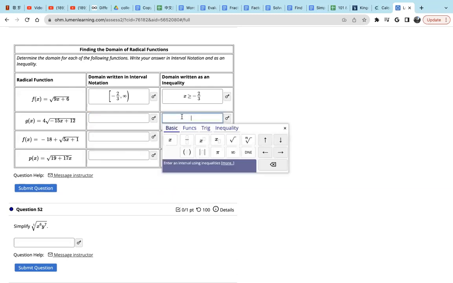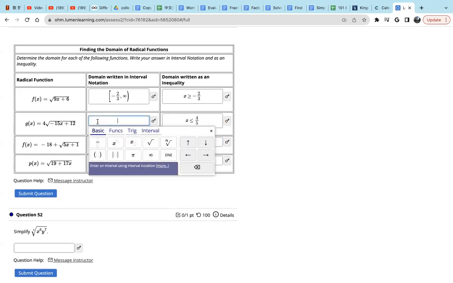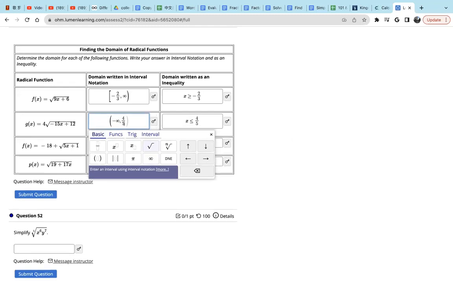And the set notation is just x less than or equal to 4 over 5. Oh, I can use this now. Negative infinity up to 4 over 5. Then because it includes 4 over 5, I use a bracket.